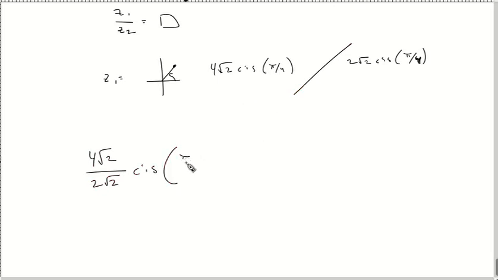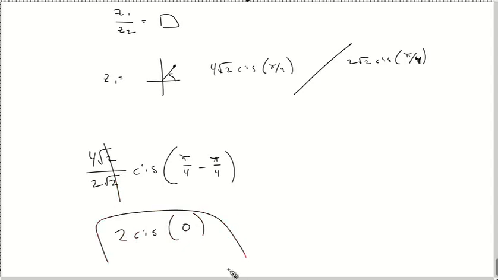And on the inside, you're now subtracting them. The square root 2's cancel, and that's just a 2. These cancel, making a 0. There you go. That is the answer, by the way.